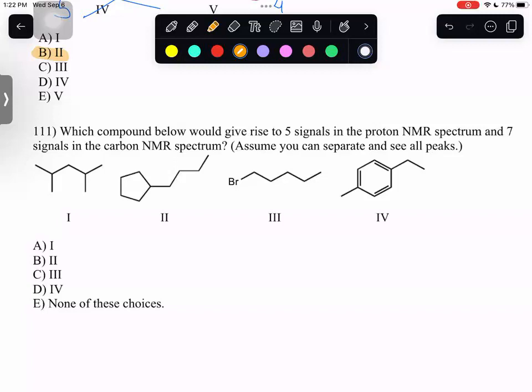I just count the signals, so the first one just has 3 signals, and the second one has 7.